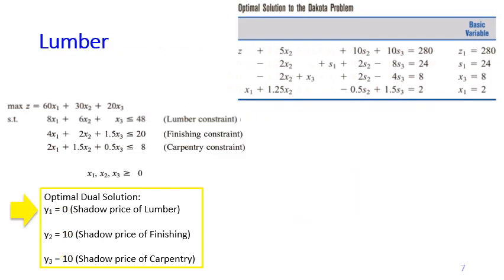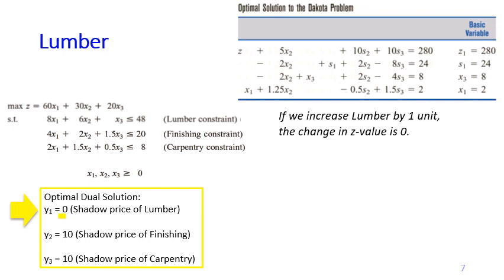Now let's do a further interpretation of each of these shadow prices. For the first shadow price, for lumber, the value is 0. It means that if we increase lumber by 1 unit, the change in Z value is 0. Why is this the case?